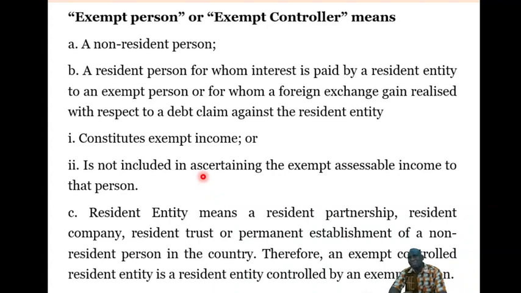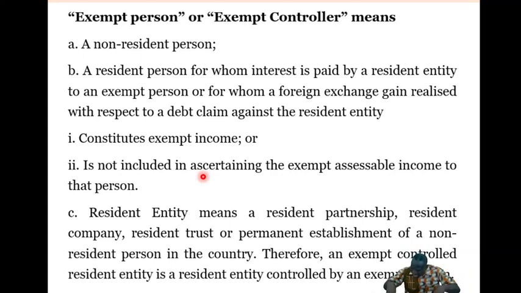Exempt person, who is it? Before you can answer the question, especially when it's a calculation question, you should be able to establish that this person is an exempt person, and this person is an exempt controlled resident entity, before you can apply the principle of thin capitalization, or tax debt restructuring.